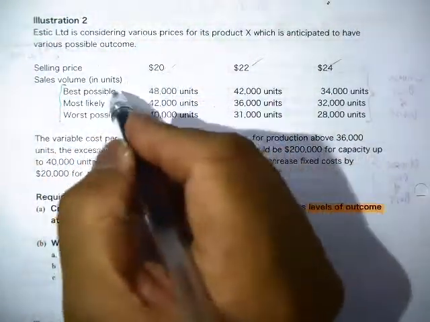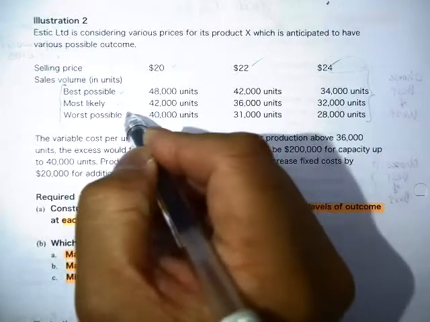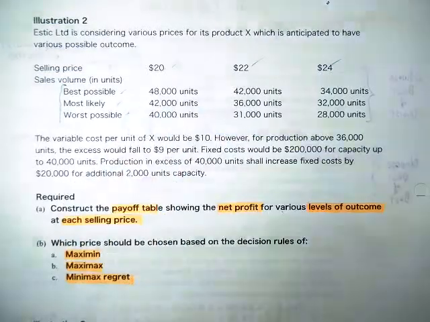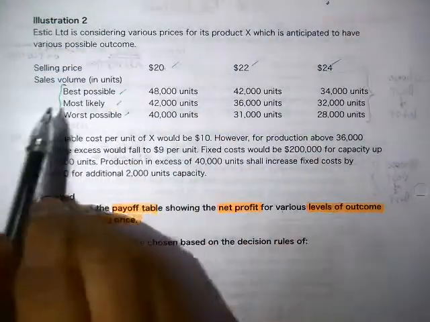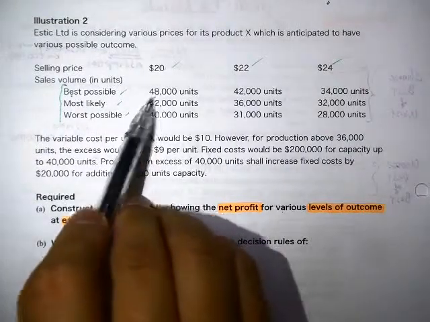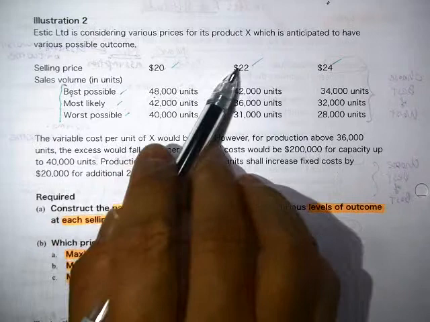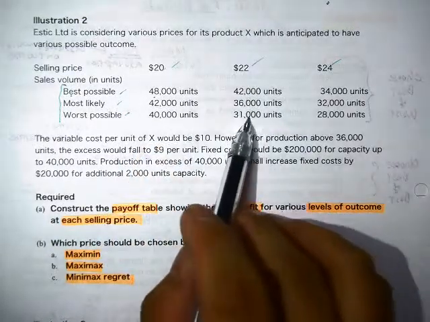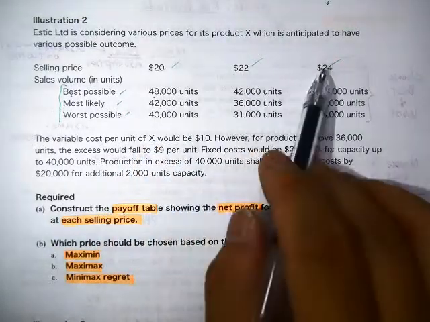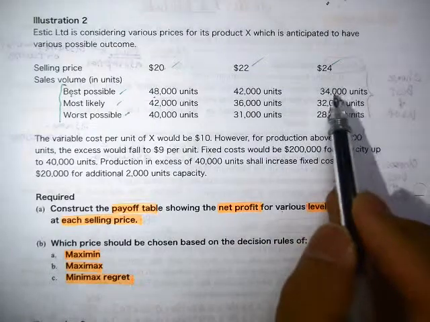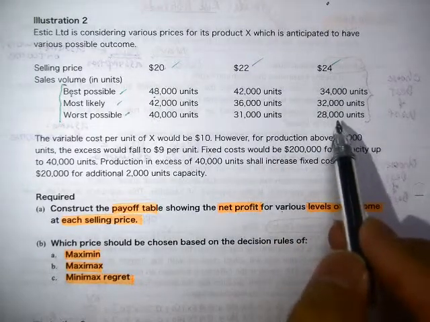It can be either best, most likely, or worst. So at 20, best is 48, likely 42, worst is 40. But if you sell at 22, it's going to be 42, 36, 31. If you sell at 24, it's going to be even lower: 34, 32, 28.